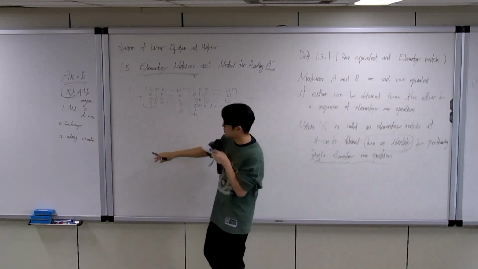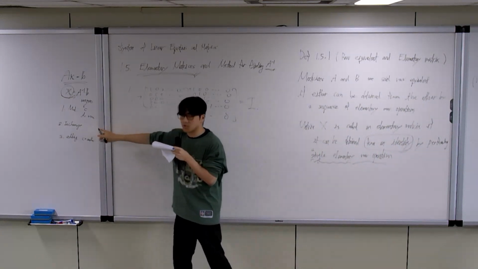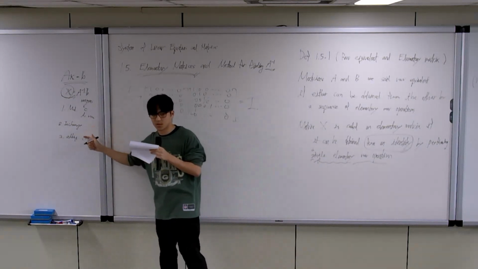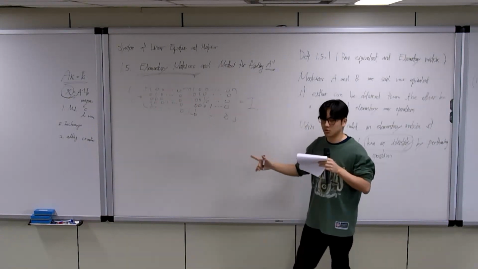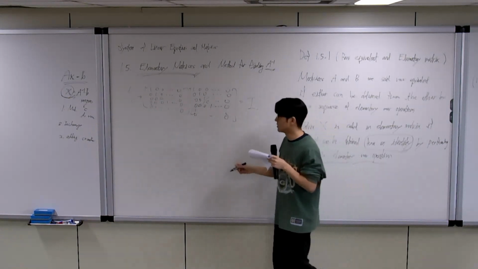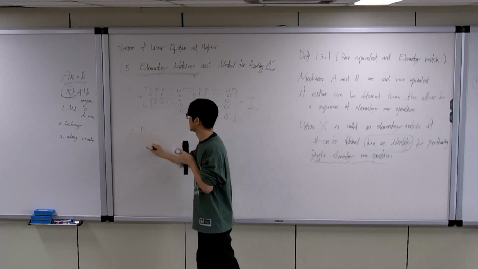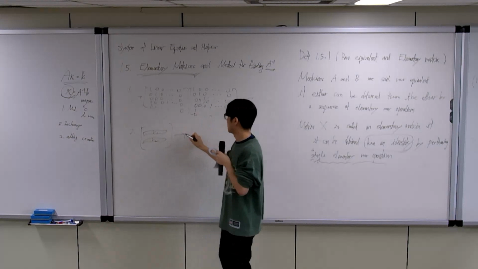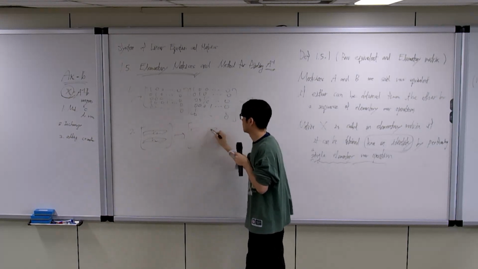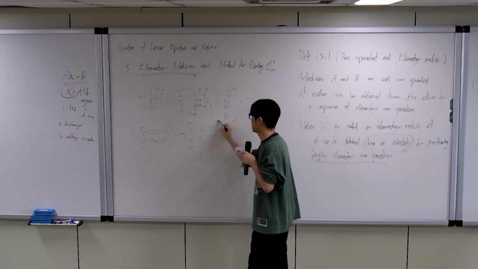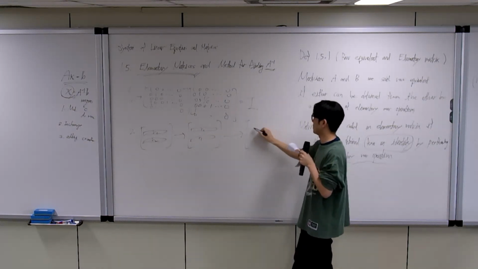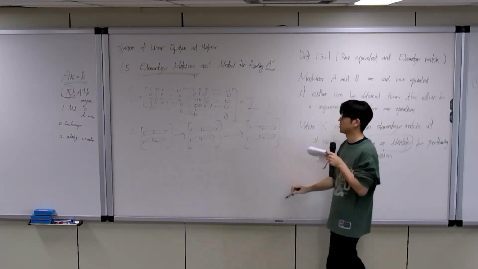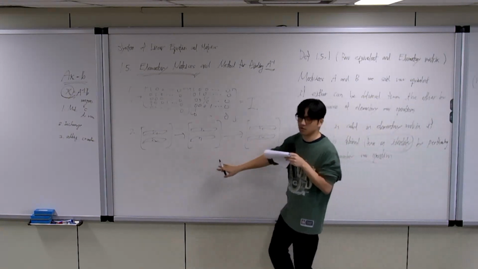And similarly, in the second row operation, if we do the second operation one more time, it will be changed back to the original matrix. So I will write simply: the row operation will give R2, R1, but if we perform it one more time, then it will be the original matrix.